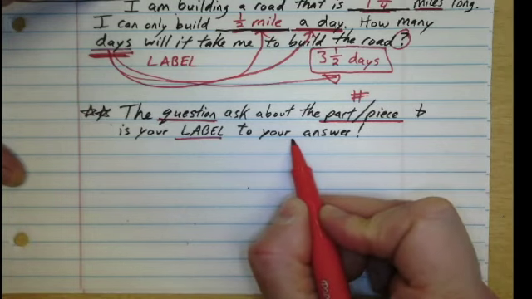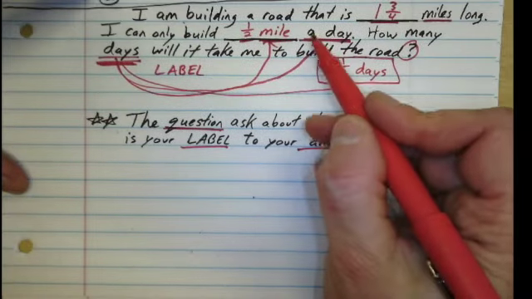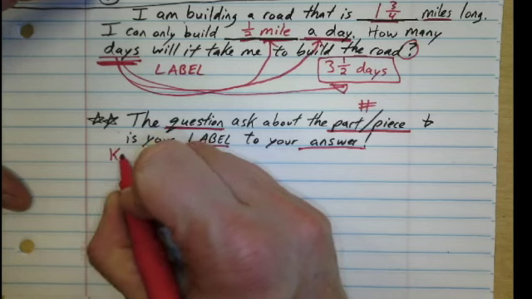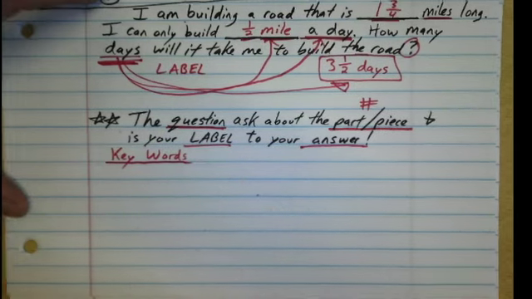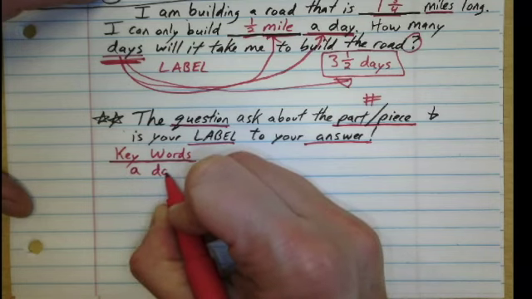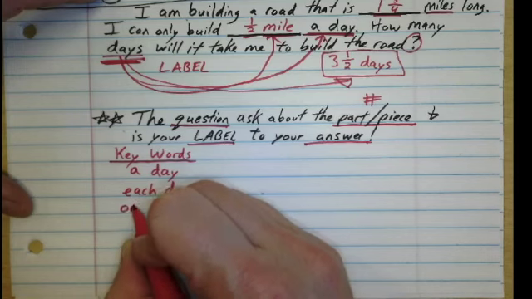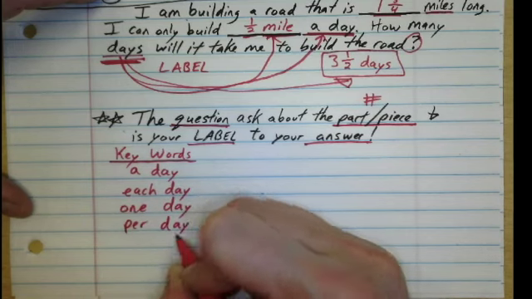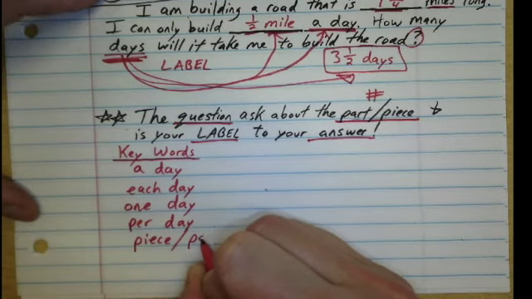So what types of keywords would you see? Like this one was a day, each day. So types of keywords to identify that would help you: a day, each day, 1 day, per day. They might even say piece or part.